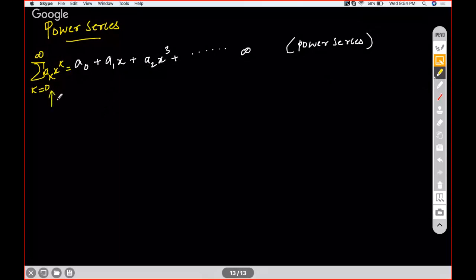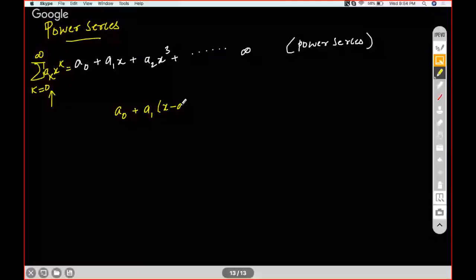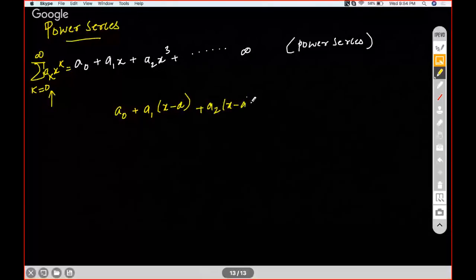Now, it's not necessary that the power series is always in terms of x. You could have a power series like this as well: a0, a1(x minus a), a2(x minus a) squared, a3(x minus a) cubed, and again it will go to infinity.